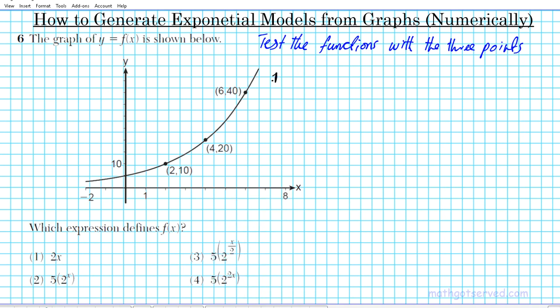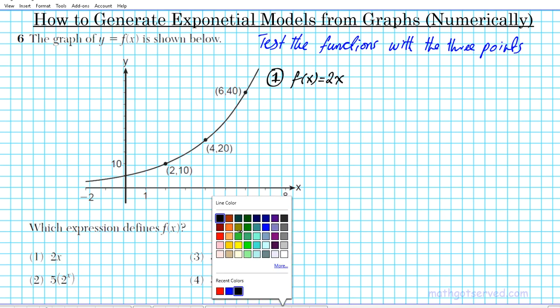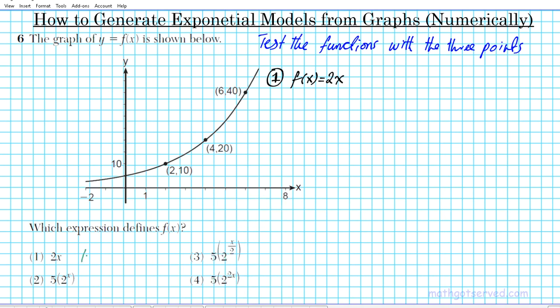For function 1, we have f of x equals 2x. Now, should we even bother checking this function at all? The answer is no. Why not? If you take a close look, this is a linear function.